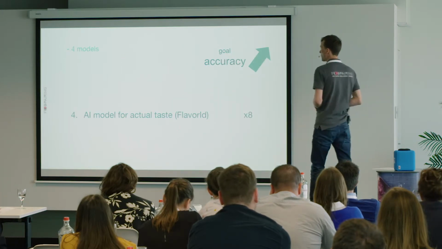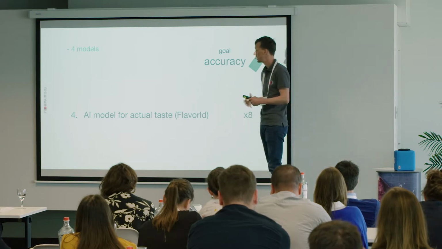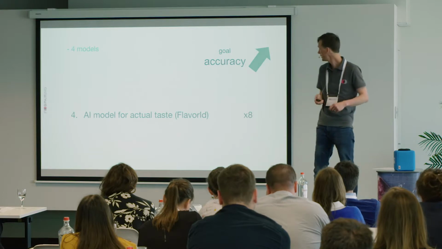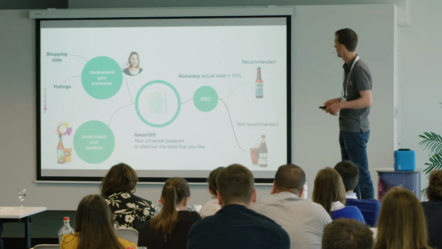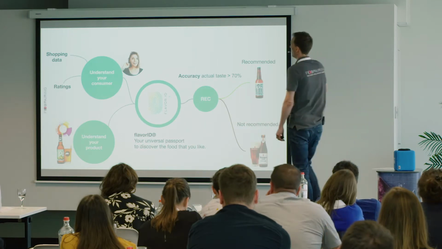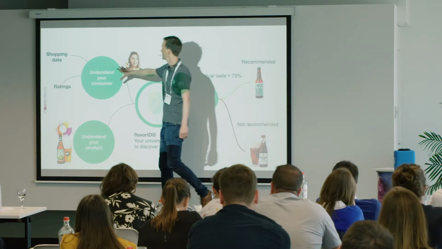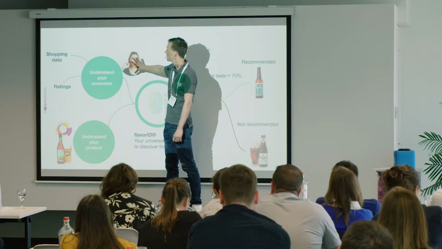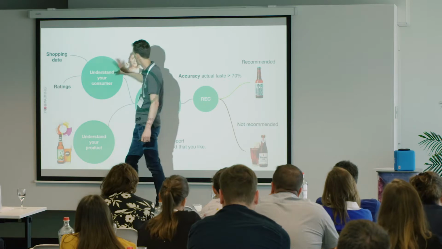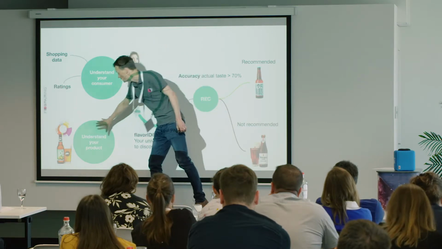The last one is that we want to predict the actual taste, and there again we use the flavor ID. This is an example on beer. As you know, we have to understand the consumer, so we need to know the flavor ID, which is based on questionnaires or ratings or shopping data. We need to understand the products.